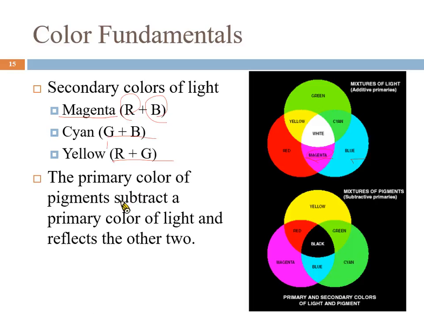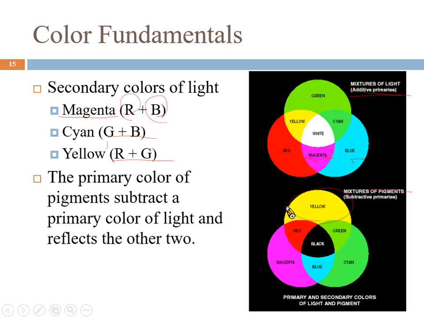And the primary colors of pigment subtract a primary color of light and reflect the other two. So we mentioned the mixture of light, that's additive primaries. When we talk about pigment, for example, when we print yellow pigment on a white paper, why can we perceive yellow? The paper does not emit light.